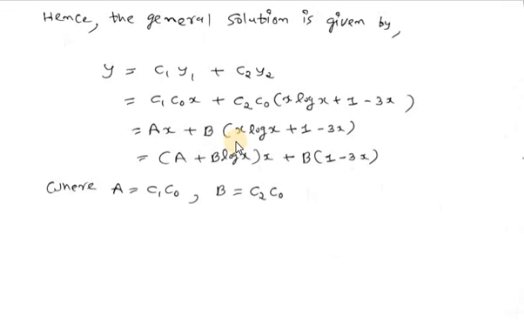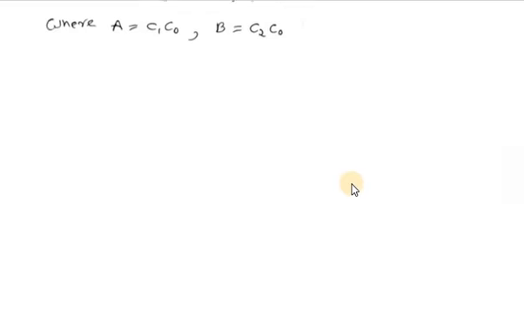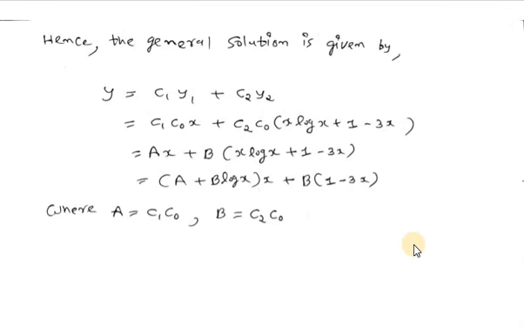Now simplifying this result, taking x common from these two terms, so in the bracket we have a plus b log x, plus b into (1 minus 3x). So this is the required solution of the given differential equation. Okay, thank you for watching this video.